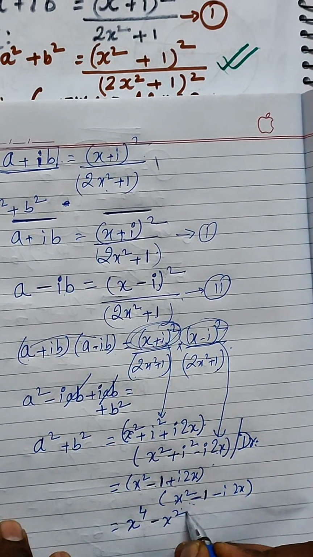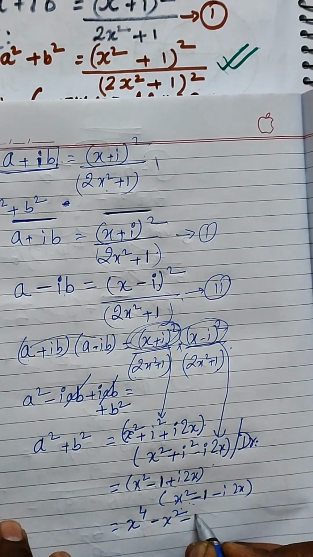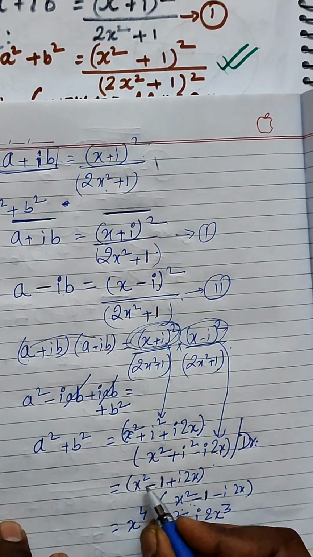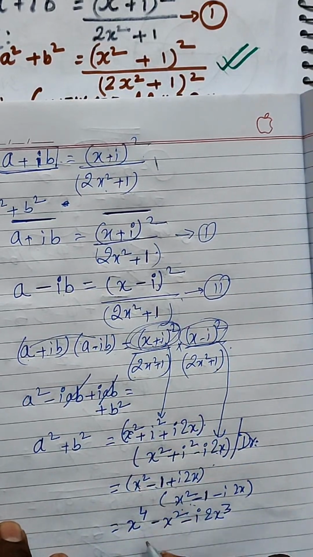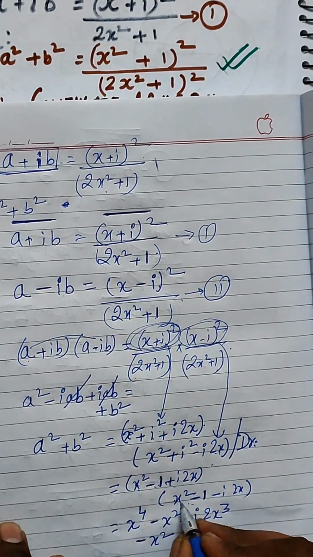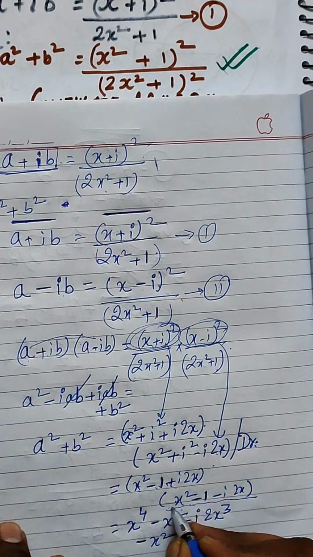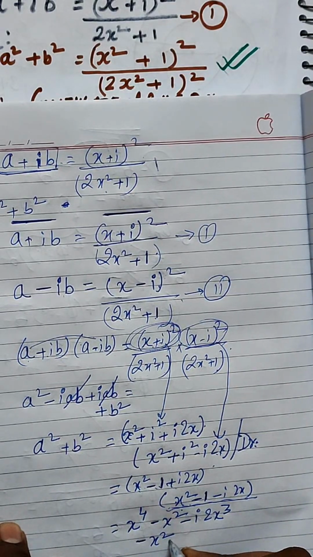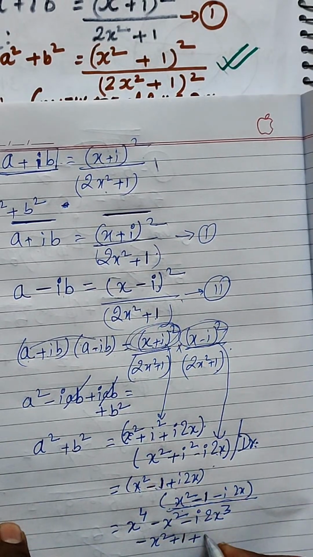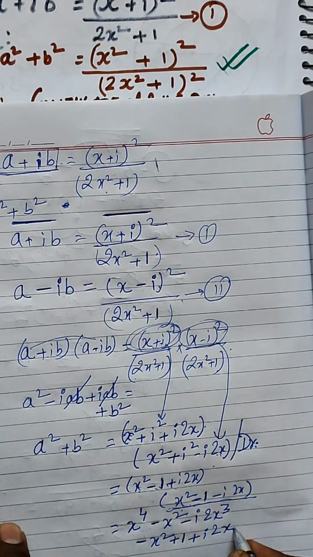minus x square minus i times 2x cube, right? Now minus x square minus 1 will be multiplied with the entire terms of the second bracket, minus x square plus 1 plus i times 2x, right?